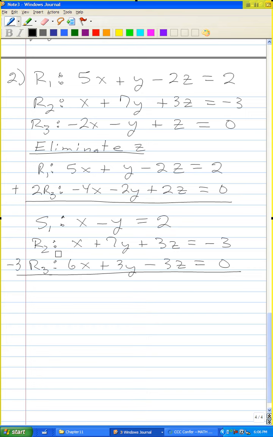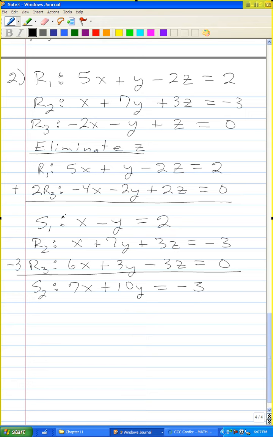And so if I add these, well, the x plus 6x is 7x. The 7y plus 3y is 10y. The 3z's cancel, equals negative 3. So I get this second equation. So now I have two equations, two unknowns, which is identical to what we've solved before. So now we do the same sort of thing.